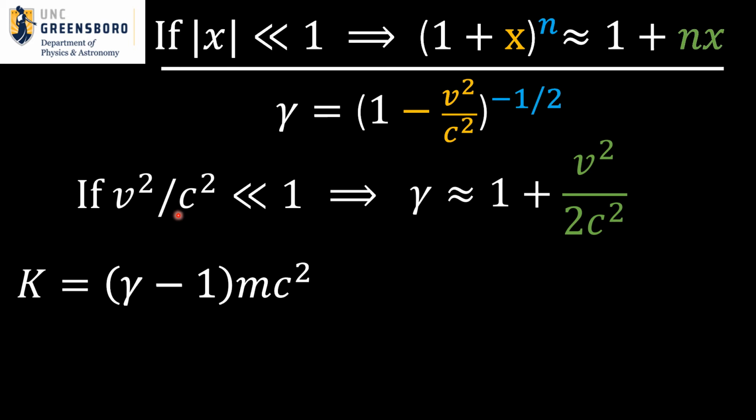So returning to our original formula for kinetic energy, we can make use of our new expression for gamma. What we're going to do is substitute this in for gamma right here.